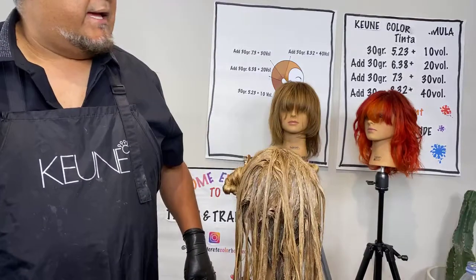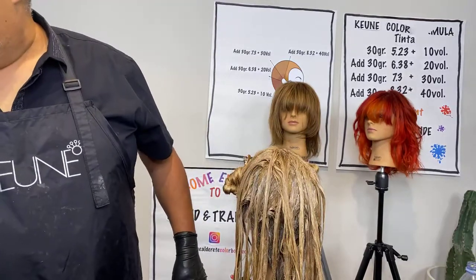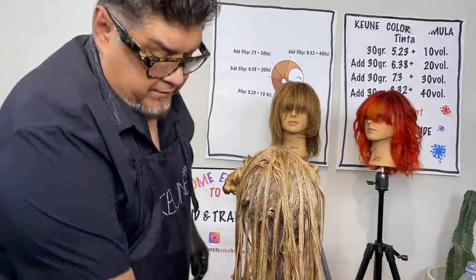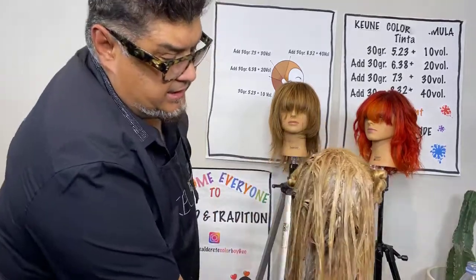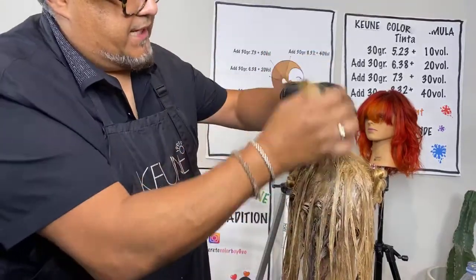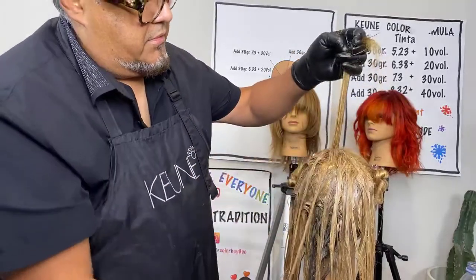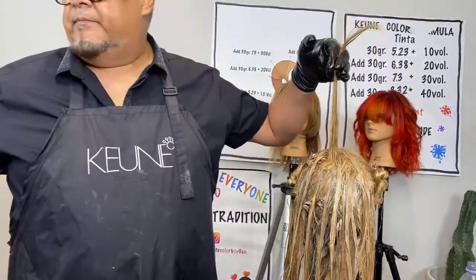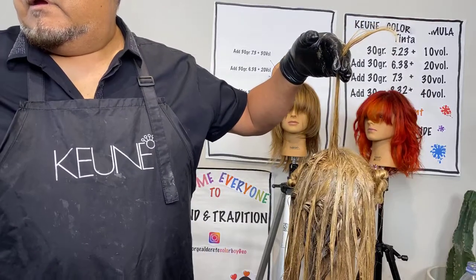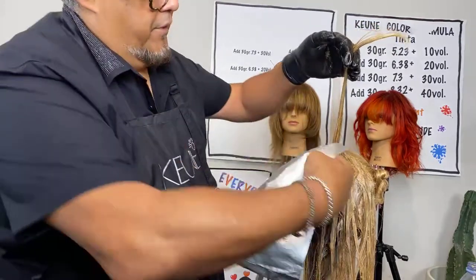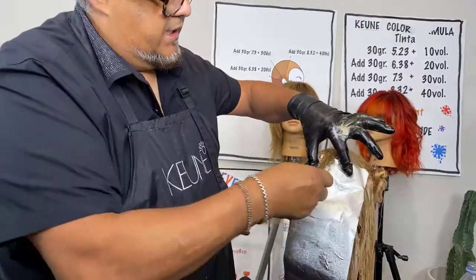If I could get a foil, I think it would be easier visually to see the type of sections that I've taken. So this is the V section here. And if I lay it on the foil, you can see how it sits.